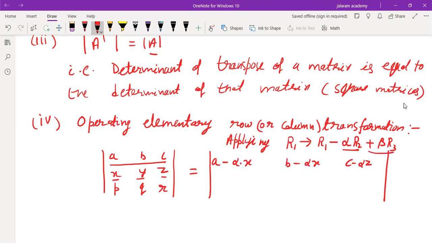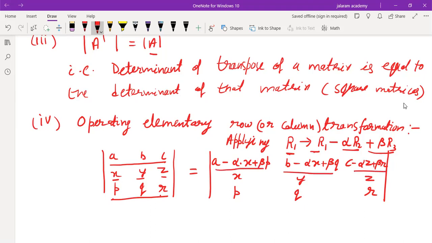Then if you multiply all the elements of row 3 by beta, so beta p, beta q, beta r, they will be added: plus beta p, plus beta q, plus beta r. It will give the same result. The next rows will be written as they are. Always remember, if there is R1 on the left hand side, we have to write R1 on the right hand side also. And those operations which are done are shown only in the first row, not on the other rows.